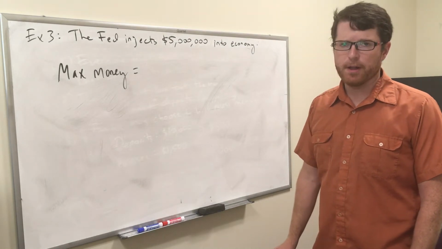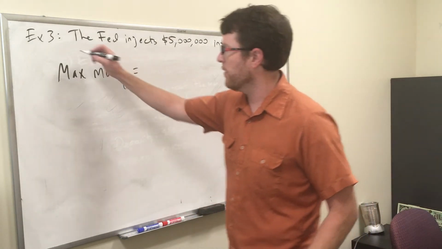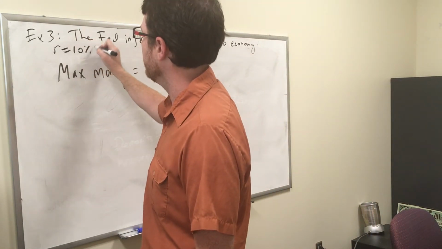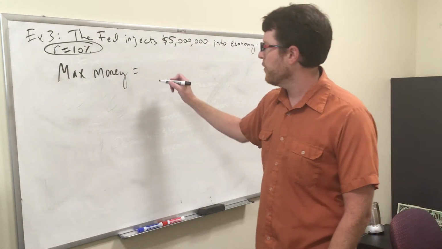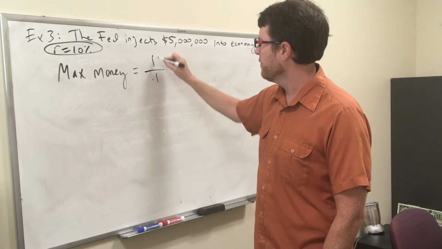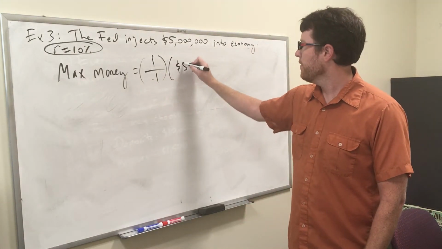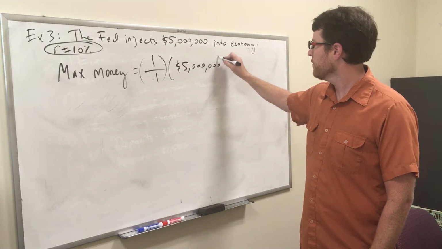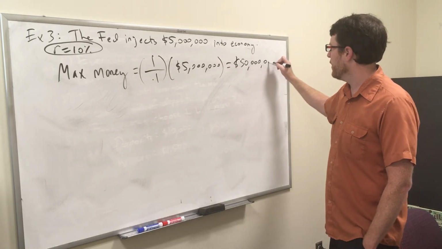Well, we need to find the multiplier, okay? And we're assuming now, like we'll do for most questions, that the required reserve rate is 10% because it really is 10% in the United States. So the max money that this could create is the money multiplier, which is that, times the initial amount created, which is $5 million. And so this would create $50 million in total money.